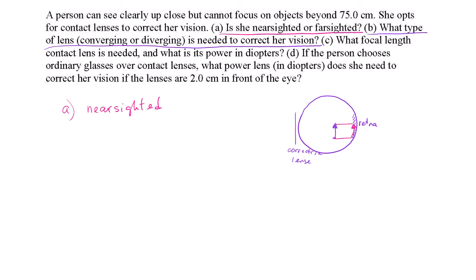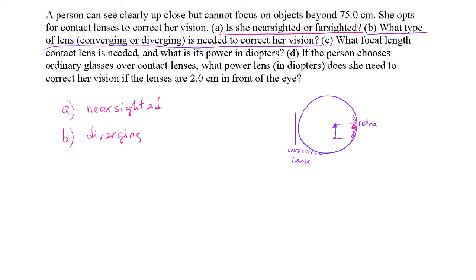For that, we need a diverging lens, because it causes parallel rays to diverge and allows the rays to be focused at the retina and thus correct the defect. So I'm going to say diverging lens for now, and we will see it also from our calculations.